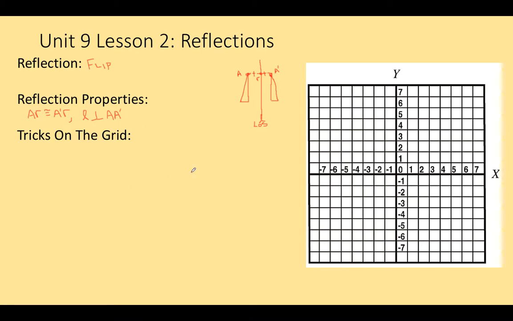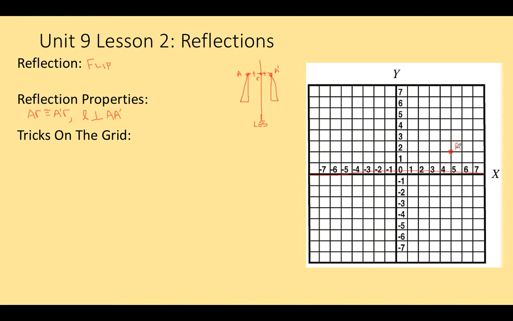All right, tips on the grid. So when we're reflecting things on the Cartesian coordinate grid, there are just some tricks in general that will help you out with some of the common reflections. So one of the common lines that we would reflect over would be the x-axis. So let's just take any random point here. We'll say 5, 2.